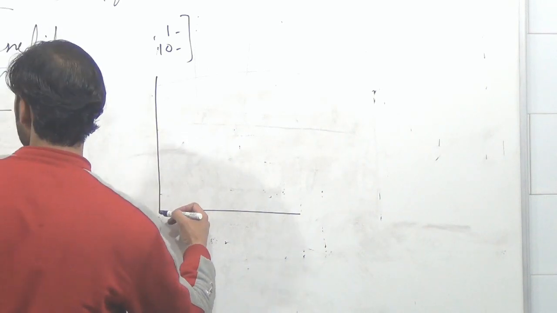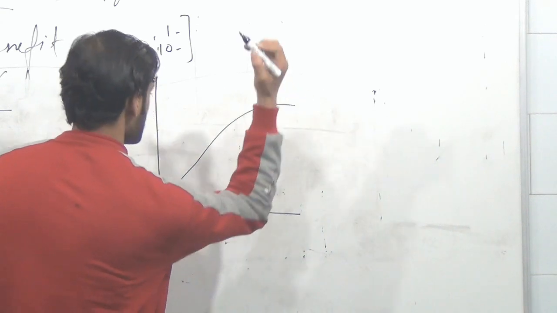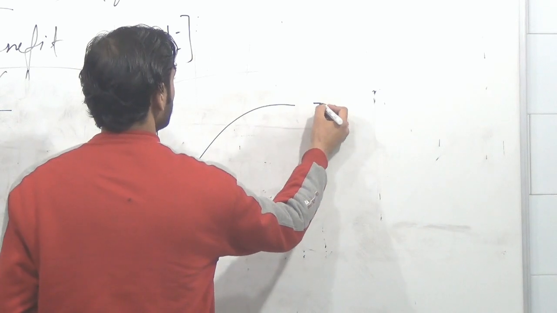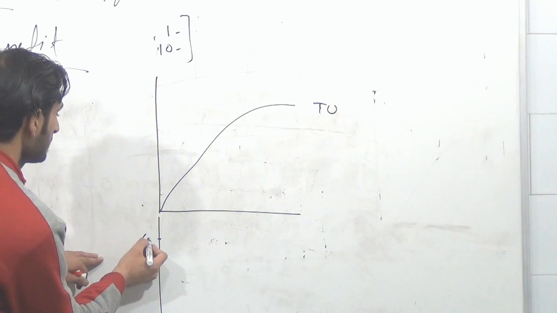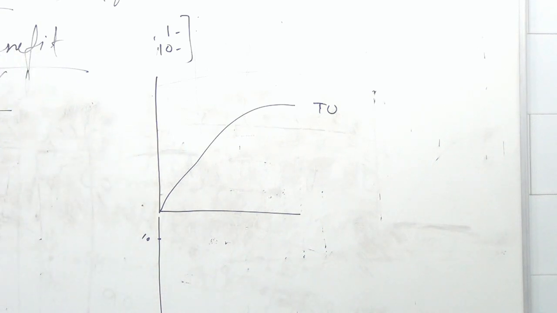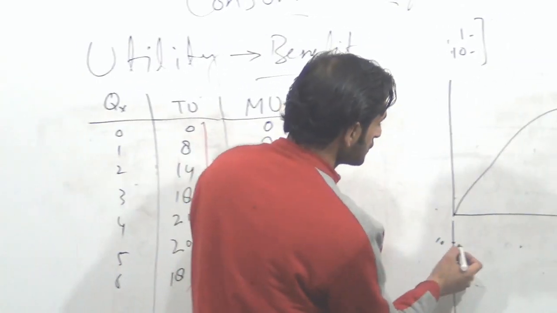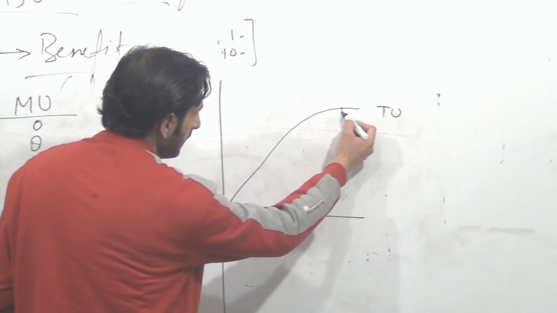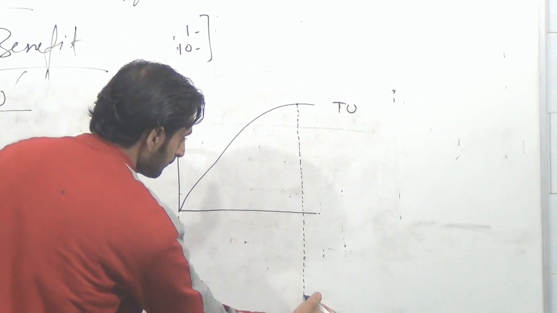When I draw the total utility curve, it will be somewhat like this. This is the total utility. When I draw the marginal utility curve, it will start somewhat here. Say this is the 10th unit. Dear students, look at this. From the 10th unit I am going to start it, and it will tend to be negative as well. It is maximum here. You extend it like this.